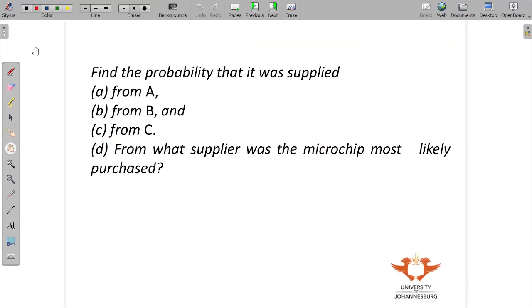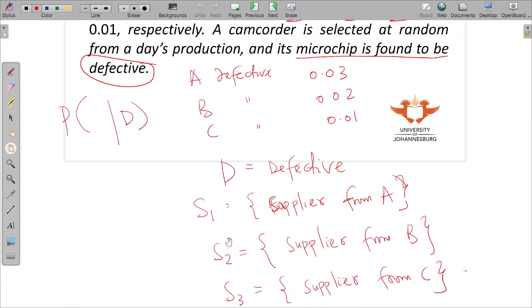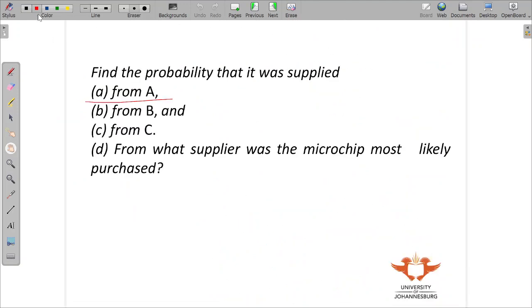I want to find that it is from A, and A is S1. So we are looking for S1 given D, that means supplier from A given D.